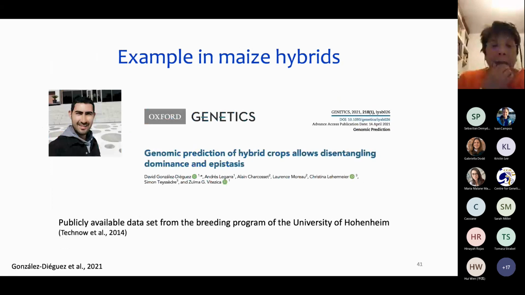Okay, now I want to show you another example, in maize. That is one of the papers from David's PhD. We used publicly available data from the breeding program of the University of Hohenheim.